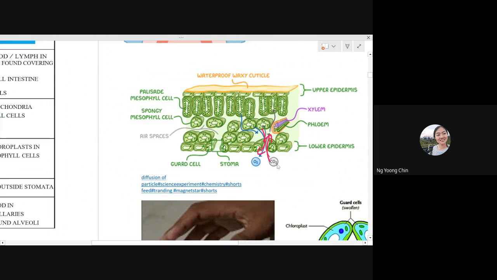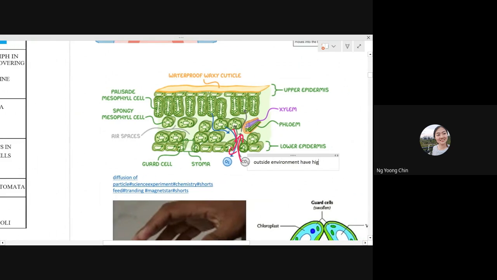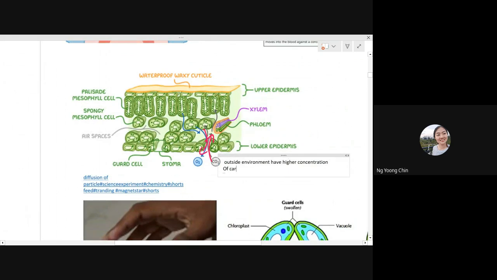Why is carbon dioxide able to diffuse inside? This is because carbon dioxide in the outside atmosphere has a higher concentration. The outside environment has a higher concentration of carbon dioxide.